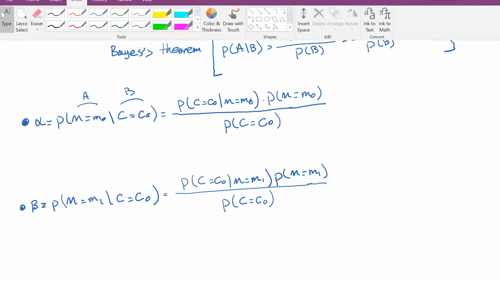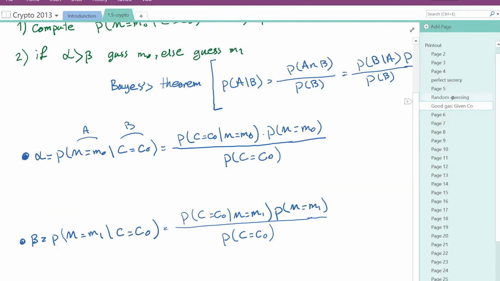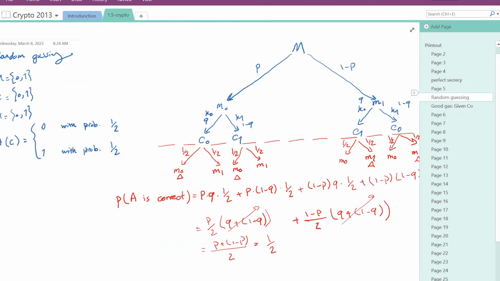Let's see if the computational tree can actually help me to do this computation. It says that given that M is M0, what is the probability of C being C0? So let me go back to my computational tree.